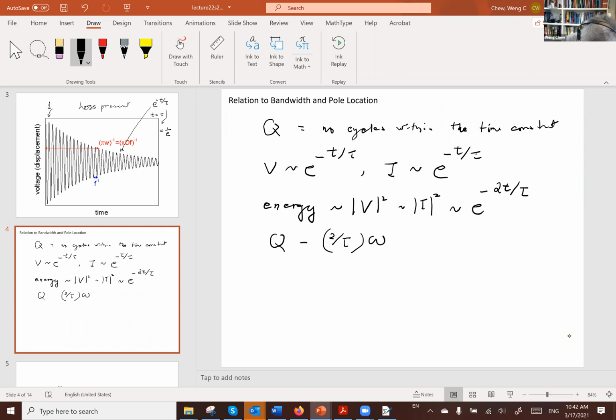Q will be equal to omega times tau over 2, because tau over 2 is this interval, the interval before the signal decays to 1 over e.